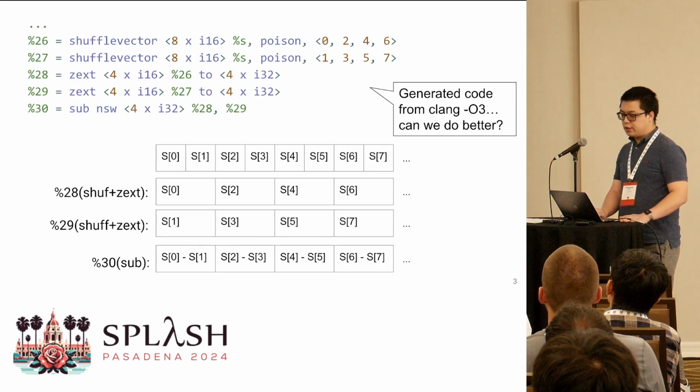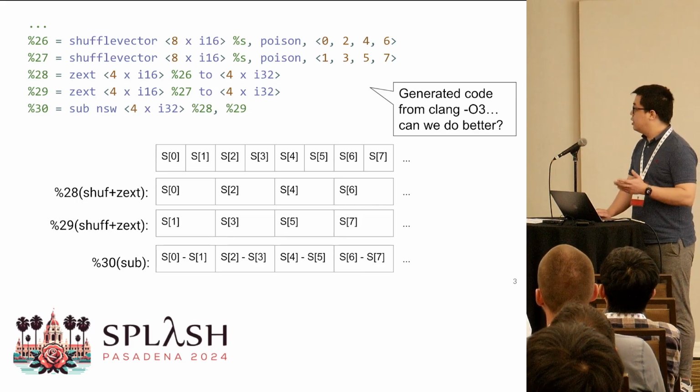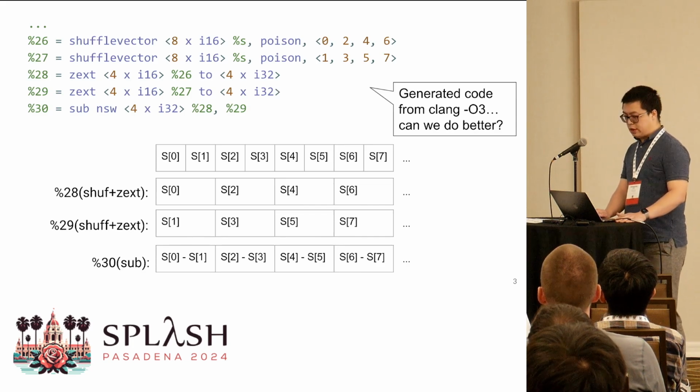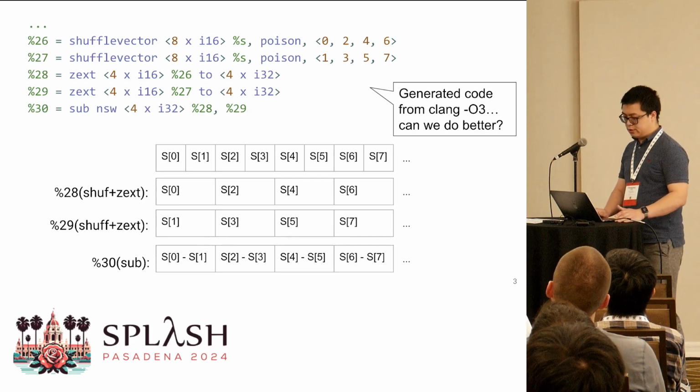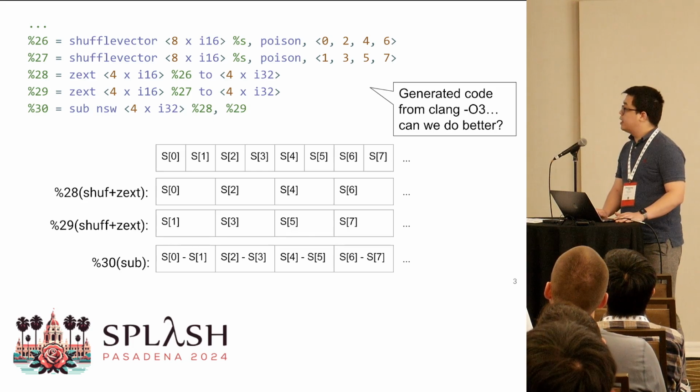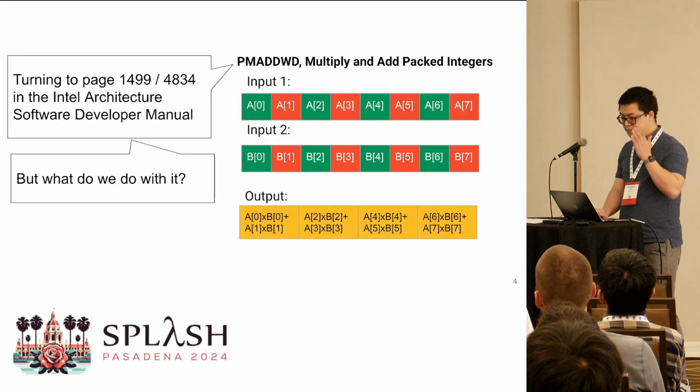And what the code does is extract the element in the even lane into a new register and the element in the odd lane into another register. Then the program zero extends the result, and finally we subtract those two new values to get the final result. LLVM cannot further optimize this piece of code.